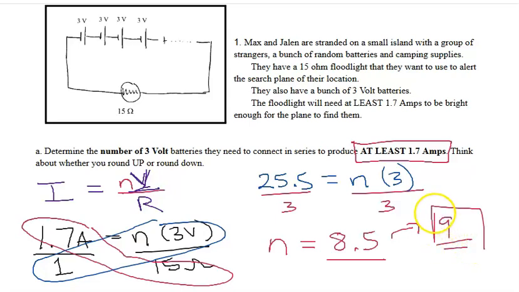I want 9 batteries to get at least 1.7 amps. Don't memorize that at least always means rounding up, because this is true when you're talking about getting more batteries, but it would be the opposite if you were talking about getting more light bulbs. Use logic to figure out whether you want to round down or up. So we want 9 batteries.